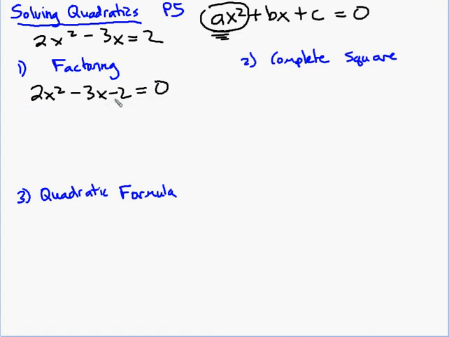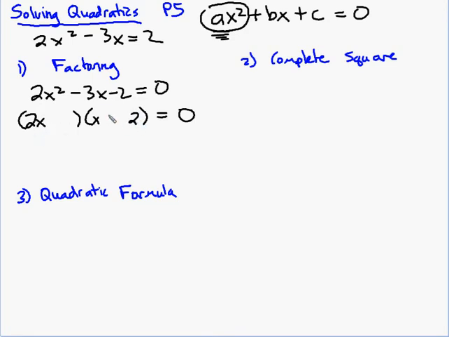And I factor out the common thing. There's nothing common. So I'm going to presume that we can factor this. So these 2, their product must give me the 2x squared. It does. And I have a 2 here. And I have a 3 here, which means I need to get factors of 2 such that their sum, when one of them is multiplied by 2, is a 3 or a negative 3.